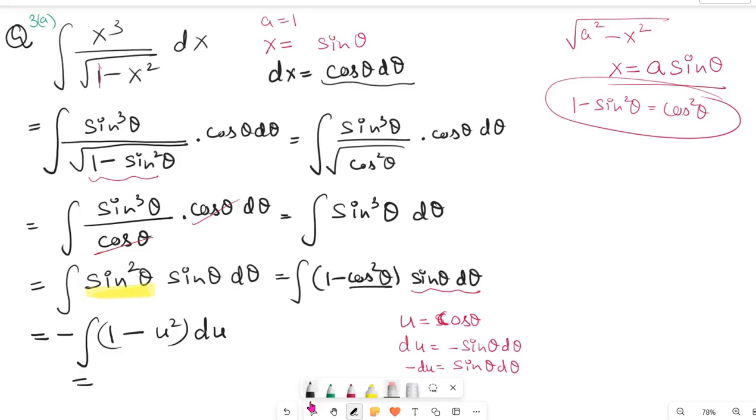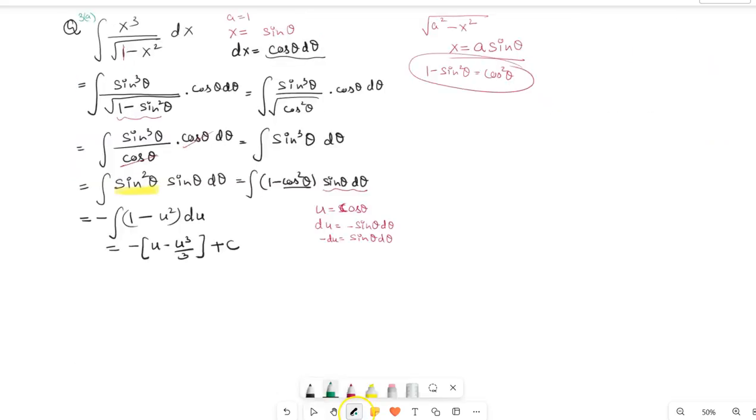Integral of 1 is u and integral of u square is u cubed by 3 plus c. By using u back, this will be negative cosine theta because negative inside plus cosine cube theta by 3 plus c.